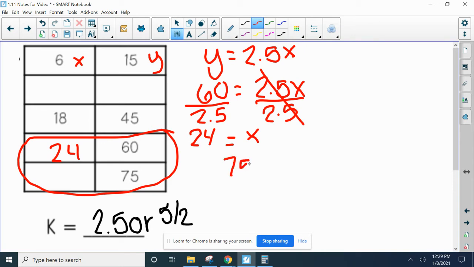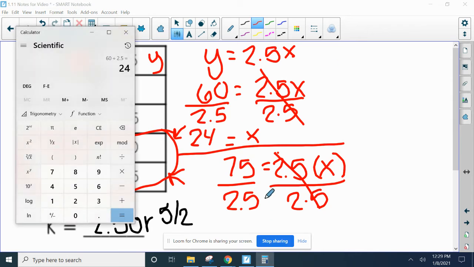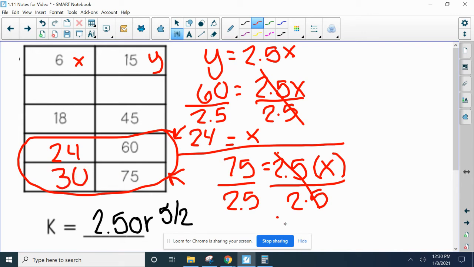Same thing here. 75 is our y, is equal to our constant of proportionality times x. And then we're going to go ahead and divide both sides by our constant of proportionality. Cancel. And our x value, so 75 divided by 2.5 is going to give us that our x is 30. And then I filled this in because I wanted to see, I can kind of already see a pattern. You might not.